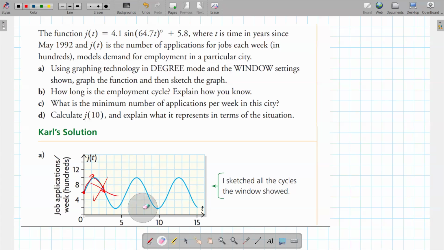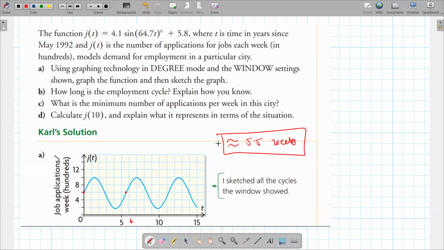That's not good. It has to be 4. So if you start here, 4 quarter periods would be 1 up, down, down, up right here. And then you see, well, what's that distance? I'm going to say it's 5.5-ish.